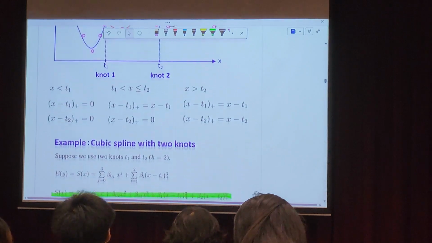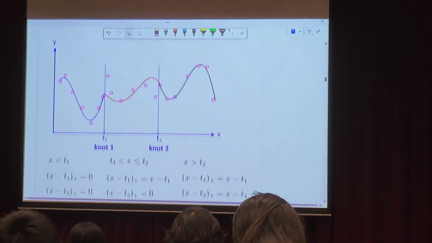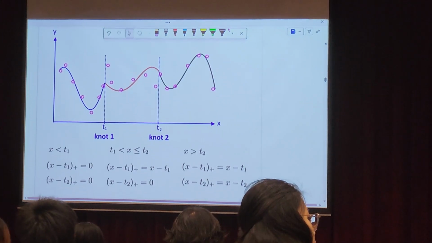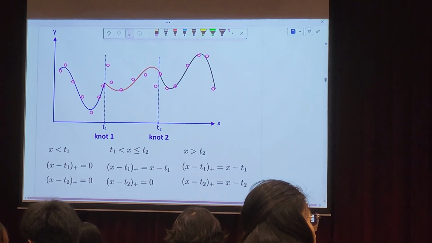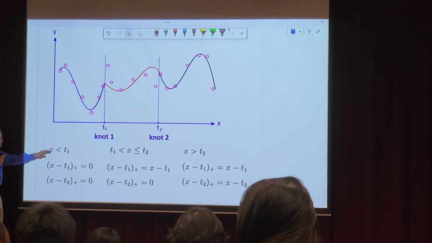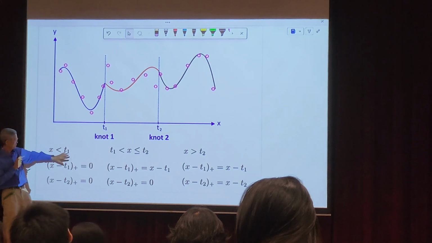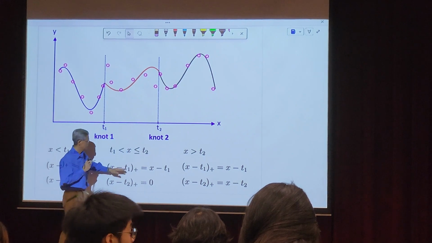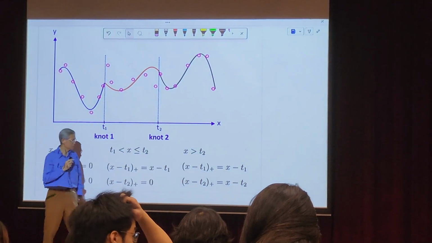So, I've explained the T notation, the plus notation here. So for x less than T1, this is 0, this is 0. But for x between T1 and T2, this is x minus T1, this is 0.